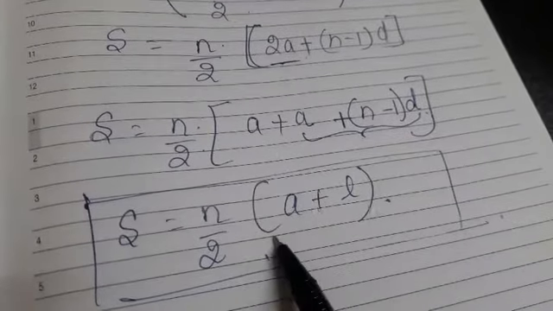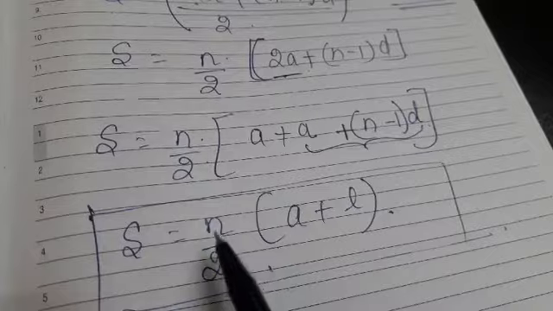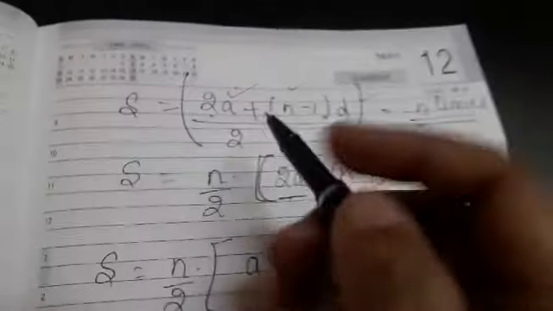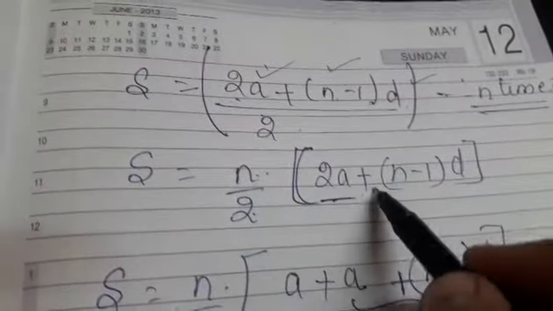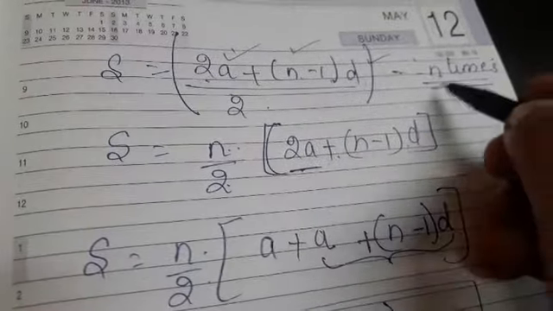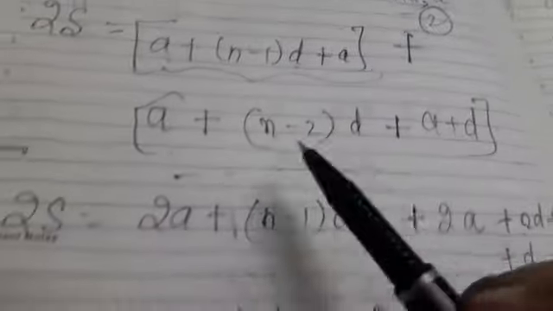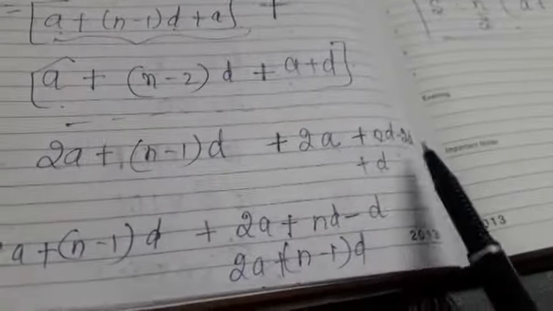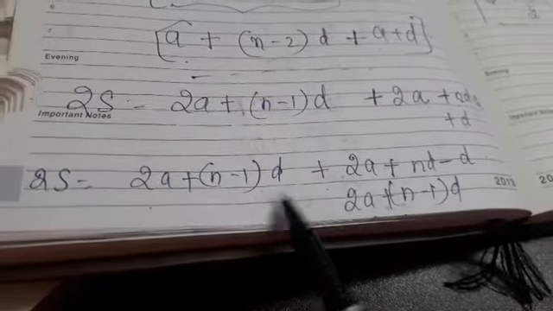If you have the first term and the last term, and you know n, then you can use this formula. But you can also apply this formula, n by 2, 2a plus n minus 1 into d. Now, did you follow what I have done? When I add these two terms, 2a plus n minus 1 d and 2a plus nd minus 2d plus d, and solve it, I am getting 2a plus n minus 1 d.